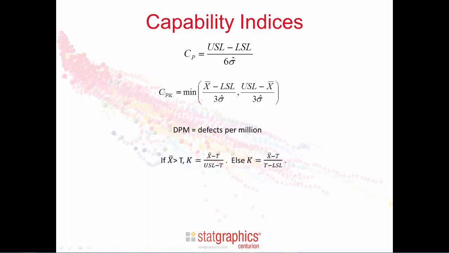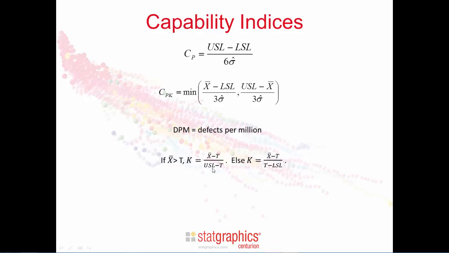A final index that I like is called K. K measures how far off target our process is. The way it's calculated is this. We calculate the sample mean x bar. If it's greater than the target value, then K will be the difference between the sample mean and the target divided by the distance between the upper spec and the target.